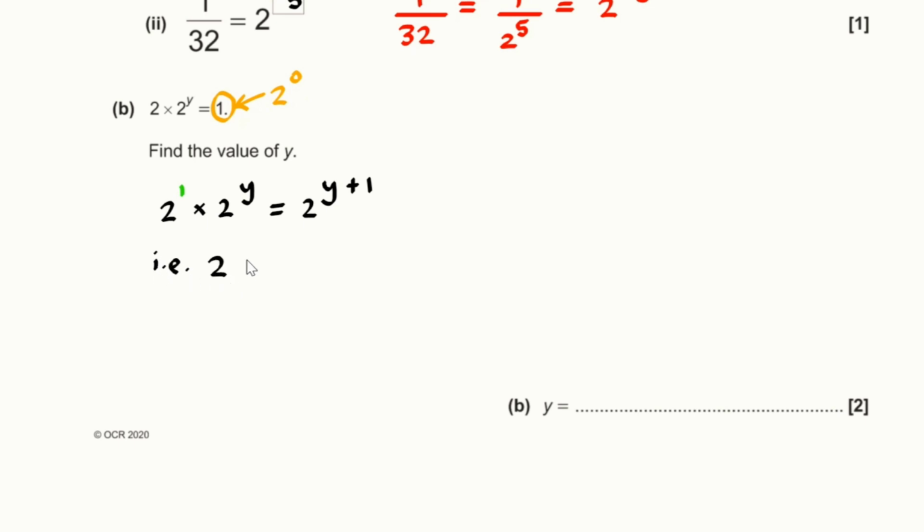So I've got 2 to the power of y plus 1 equals 2 to the power of 0, which is 1. So I've got y plus 1 equals 0. Y is equal to negative 1.